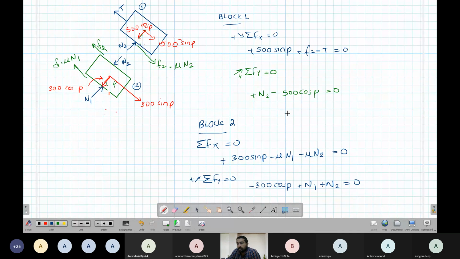Okay. So we have 4 equations. 1, 2, 3, 4. ഈ 4 ഇക്വേഷൻ ഉപയോഗിച്ചിട്ട് നമുക്ക് P ന്റെ വാല്യൂ, N1 ന്റെ വാല്യൂ എല്ലാം കണ്ടുപിടിക്കണം. Okay. Sir, minus N2. Minus N2, sorry. Okay.